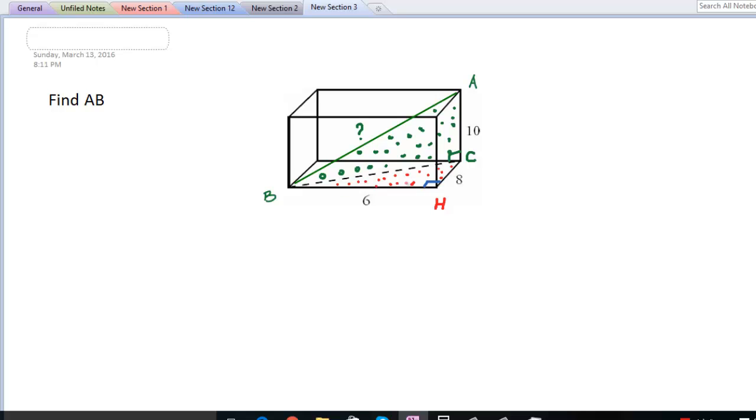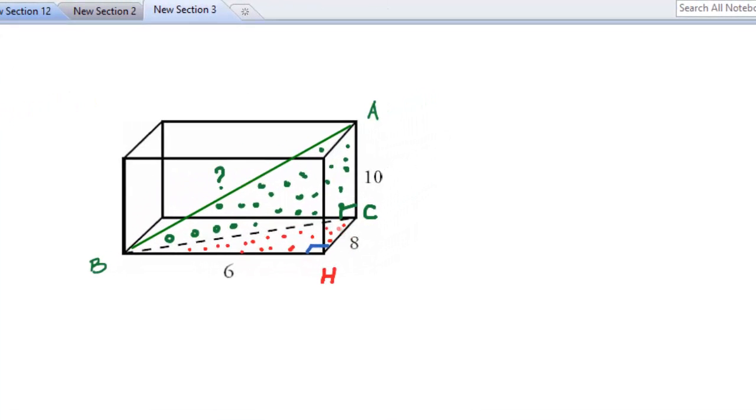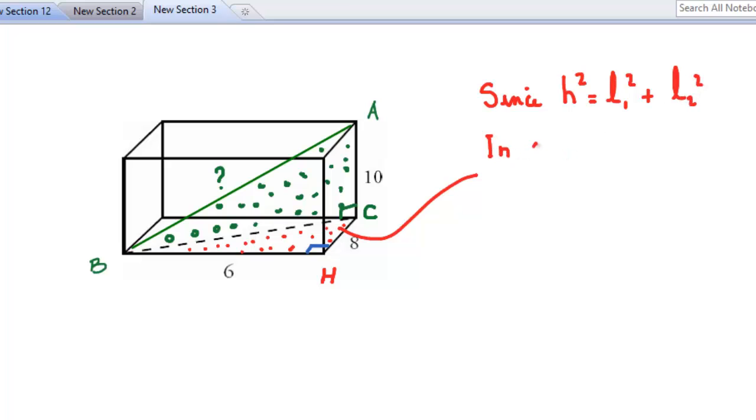So let's start with the red. Since hypotenuse squared equals leg 1 squared plus leg 2 squared, in triangle BHC I have the hypotenuse I'm looking for.